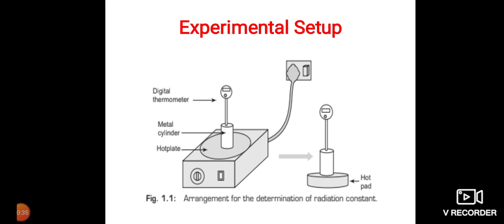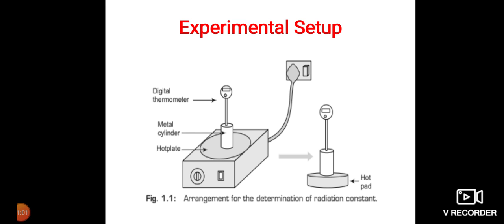After a certain interval of time, we will continuously measure its temperature, and after some time its temperature will be equivalent to room temperature or lab temperature. So this is the main setup of the experiment.